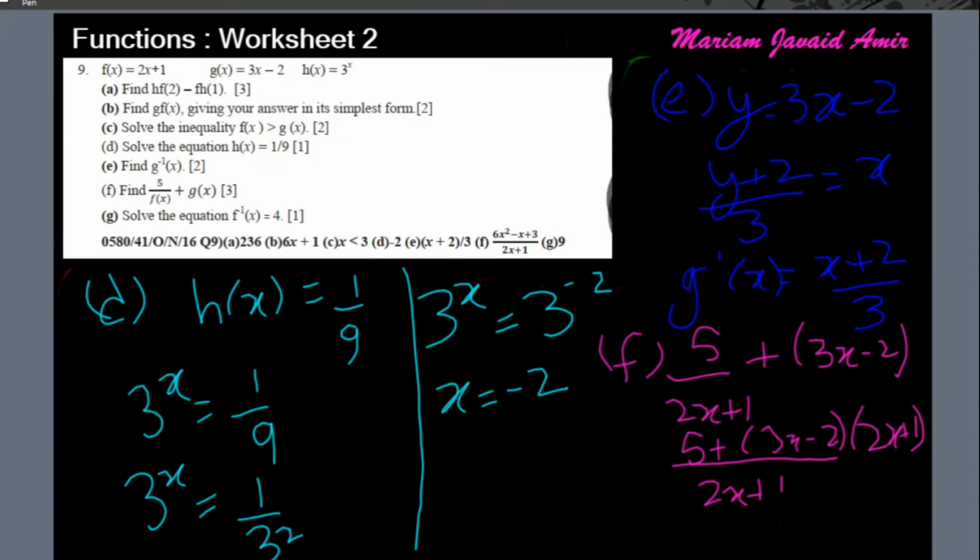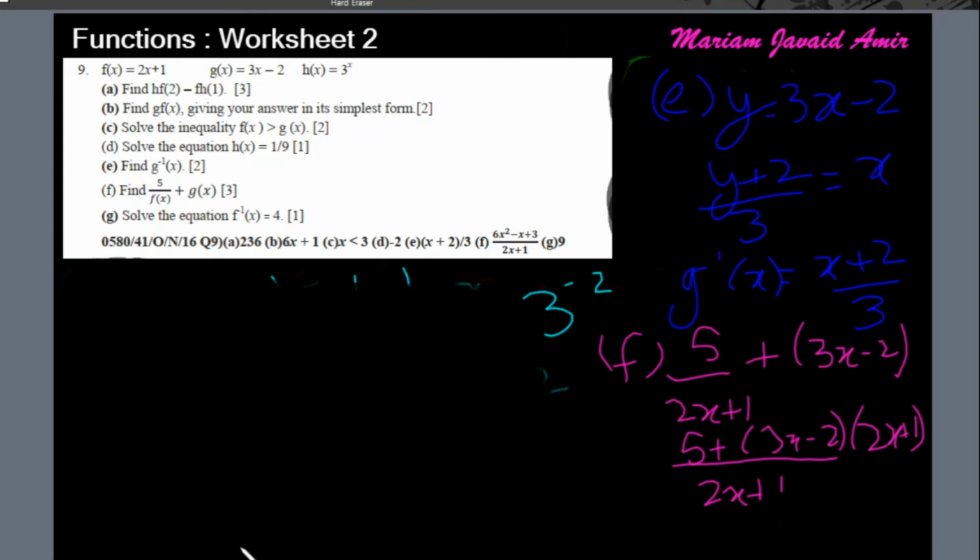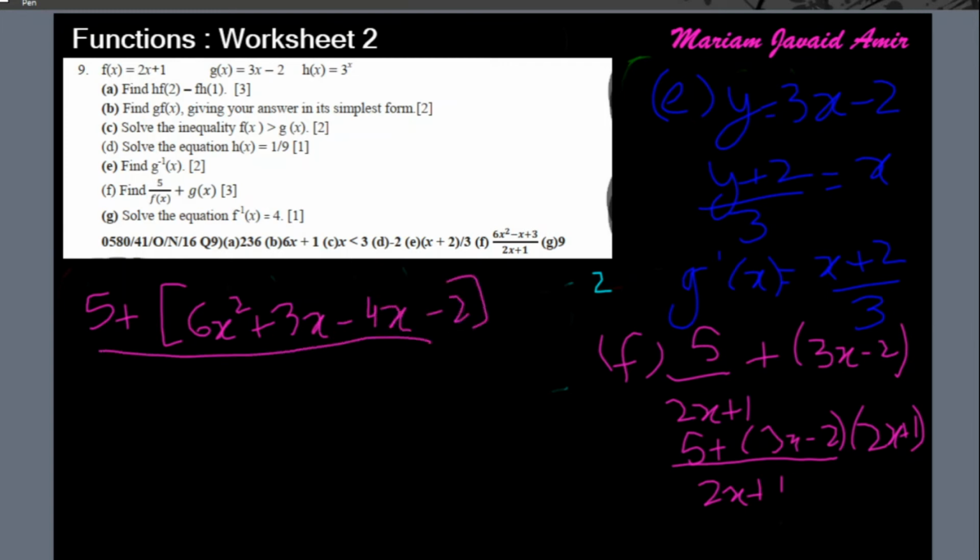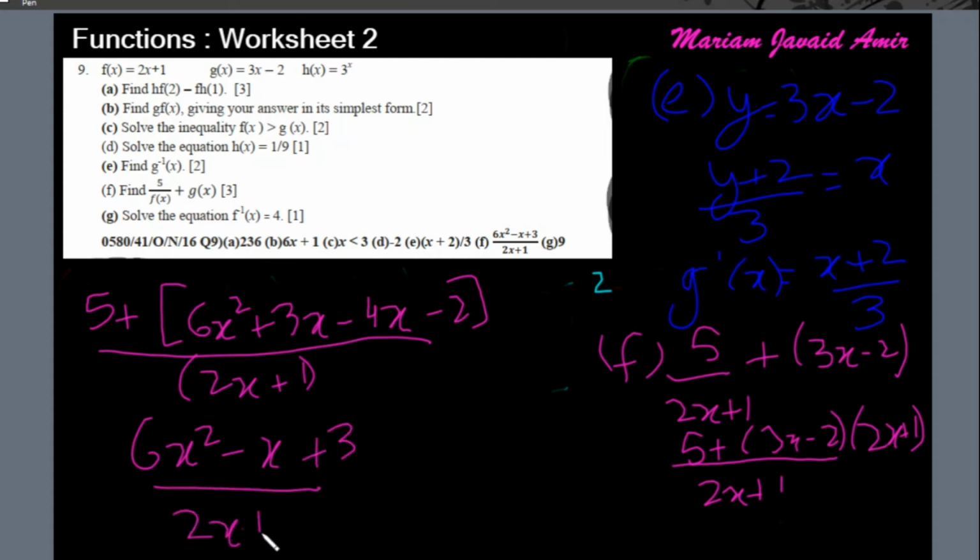So this becomes 5 plus bracket open 6x square plus 3x minus 4x minus 2 over 2x plus 1, which gives us, I'll open the brackets, 6x square minus x plus 3 over 2x plus 1.